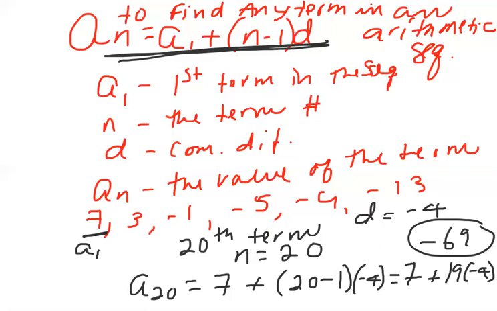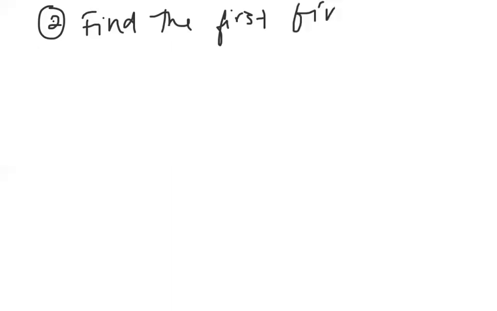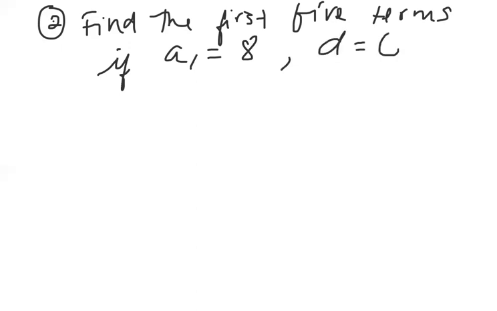All right, let's go ahead and do some additional examples, guys. Example number 2. Find the first 5 terms of the sequence if A1 is equal to 8 and D is equal to 6.